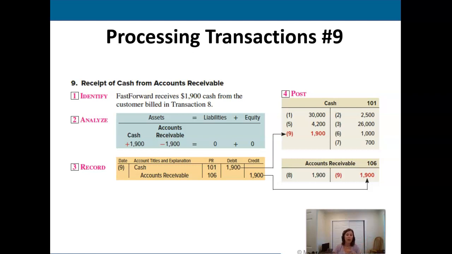And for our kindly tenant customer, we want to make sure that we reduce the balance in the accounts receivable to show that he's paid us, or she's paid us, and doesn't owe us anymore. And so we're going to credit that. And again, these are both asset accounts. We wander over and we record those into their individual ledgers and on to the next transaction.